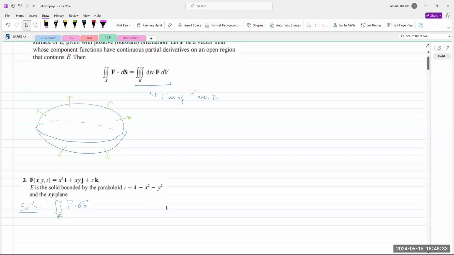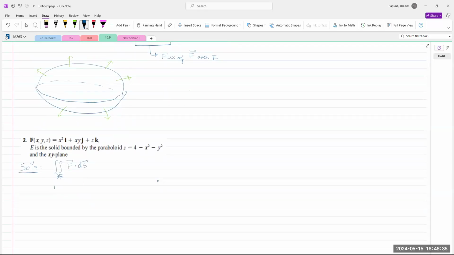Now the vector field is x squared, xy, z, and E is the solid bounded by the paraboloid 4 minus x squared minus y squared.